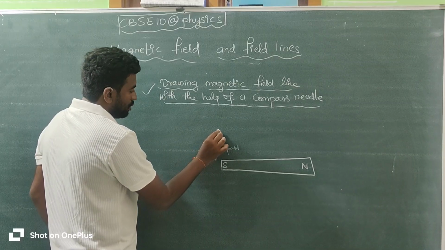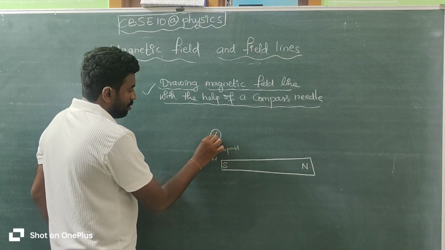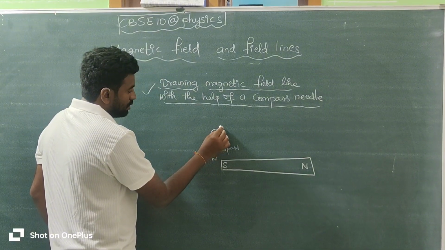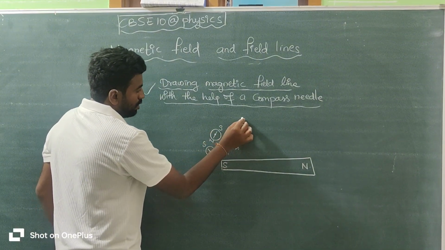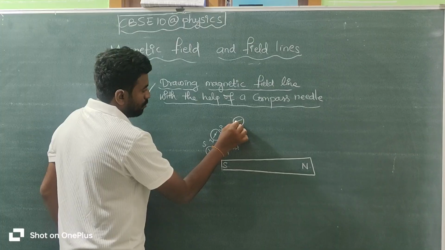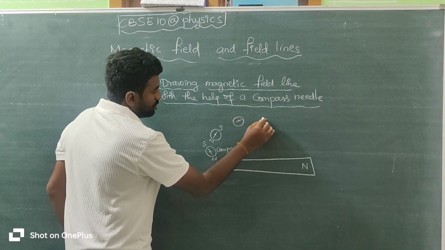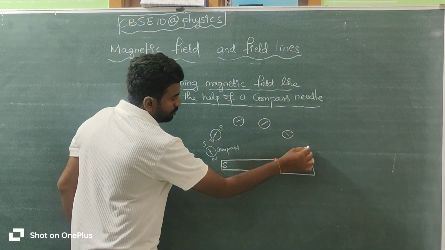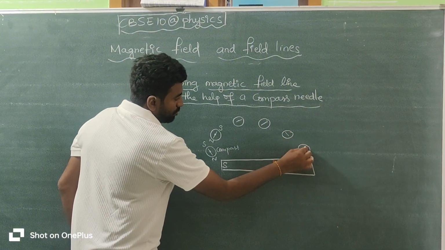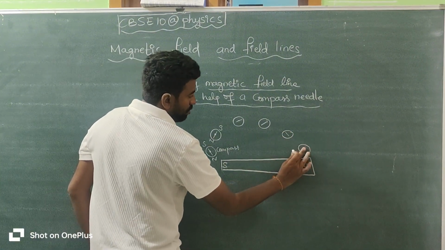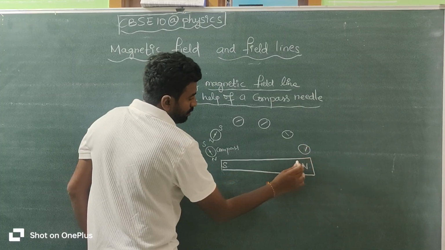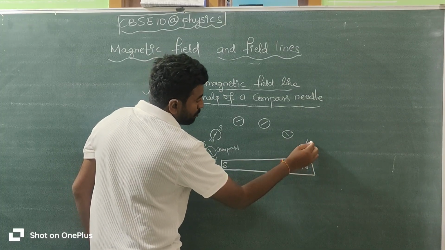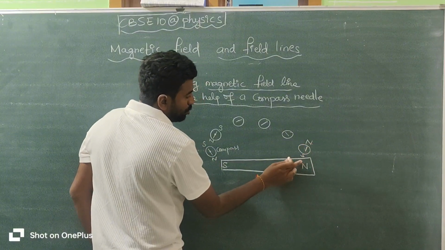Again, bring this compass to the next position. It occupies north and south, and if you do this, the deflection shows this pattern. Here, north pole attracts south pole.